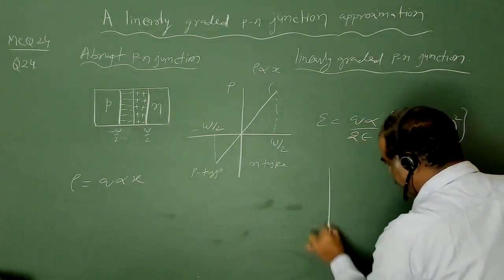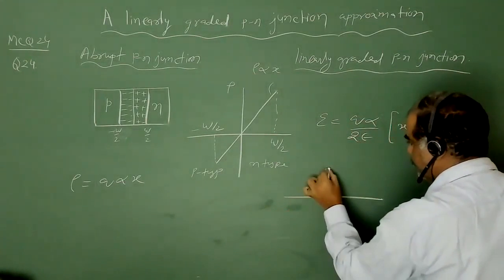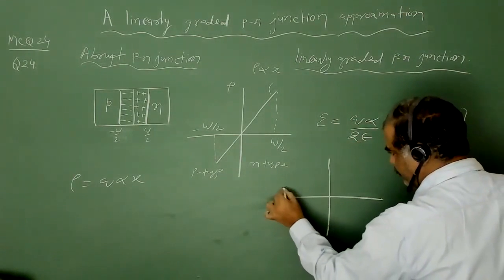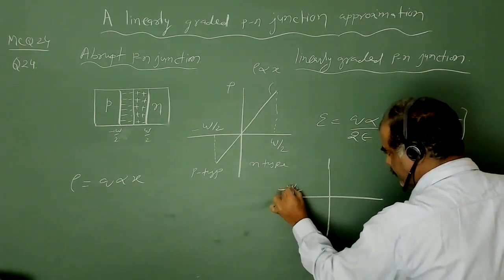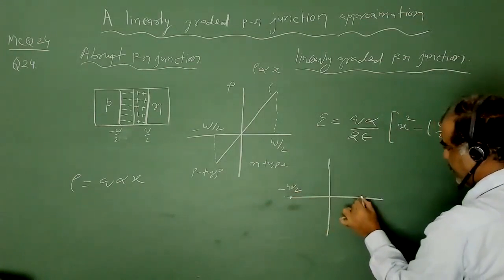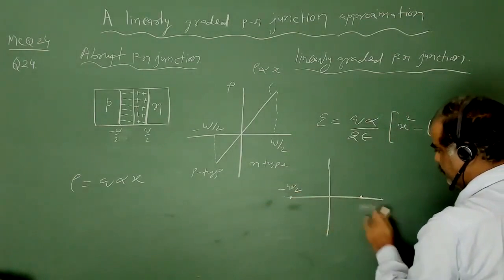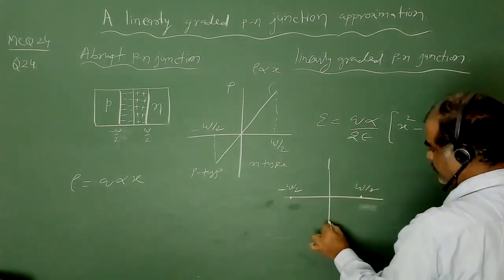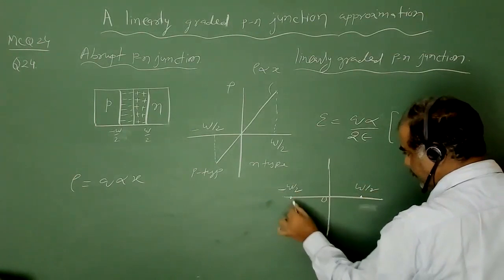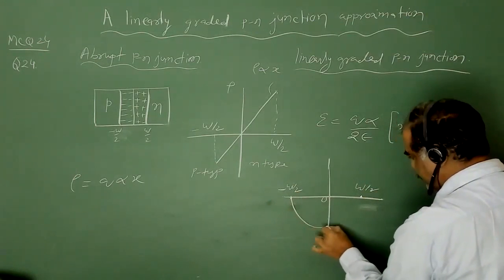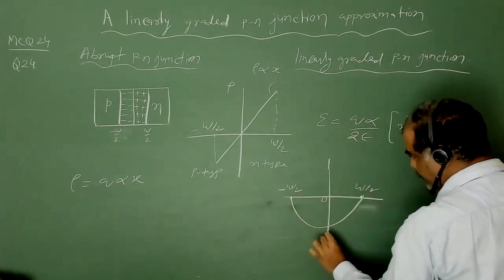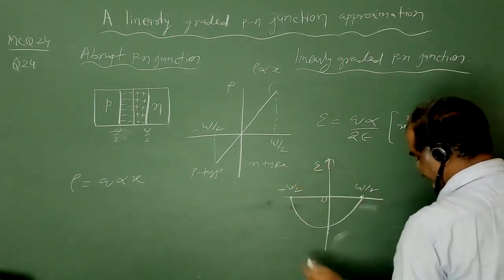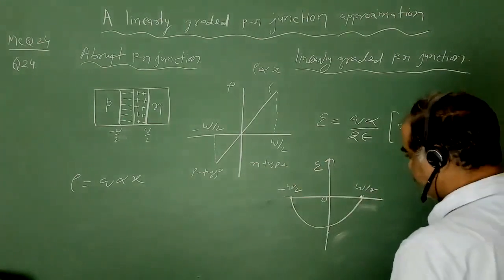If I plot this profile of E, at x equal to minus w by 2 it is 0, and similarly at w by 2 it is also 0, and it is maximum at x is equal to 0. So this will be my profile of electric field, so this option is B.